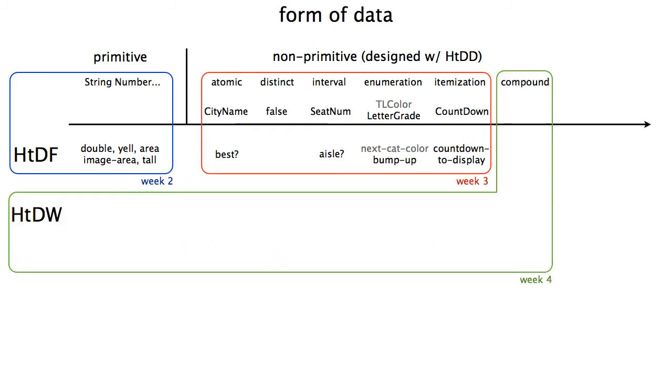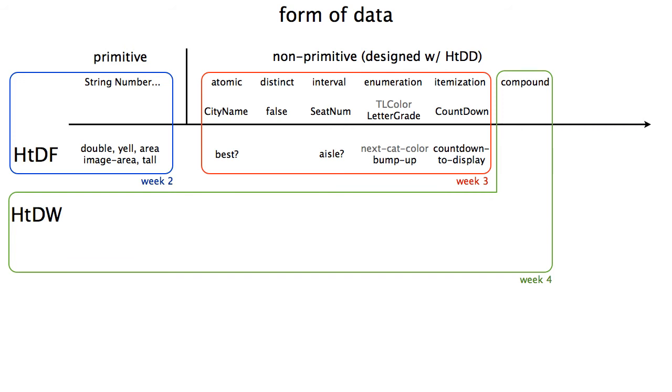Next week, we're mostly going to focus on 2 things. One new form of data, compound data, and also a recipe that helps us design interactive programs like games and animations and things like that. And again, because of this orthogonality, most of the lecture time will be on compound data and on the how to design worlds recipe.